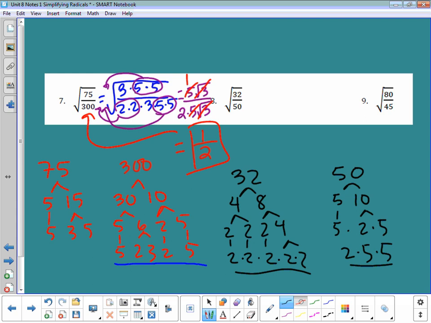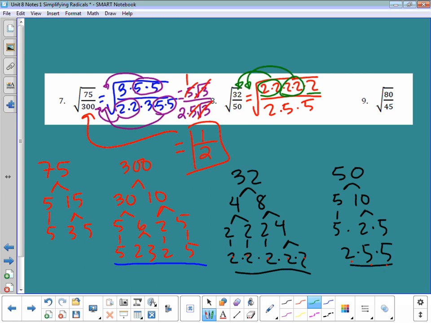Okay, so if I look at all of those together, I have the square root of 1, 2, 3, 4, 5 2's. And in the bottom, I have 2, 5, and 5. Now let me find what I can take out. I can take out this pair of 2's. I can take out that pair of 2's.